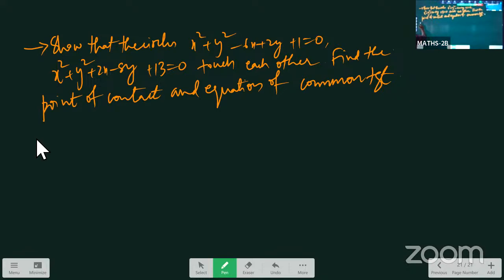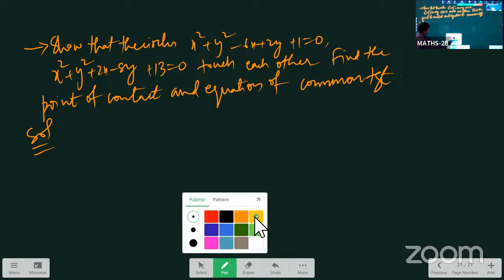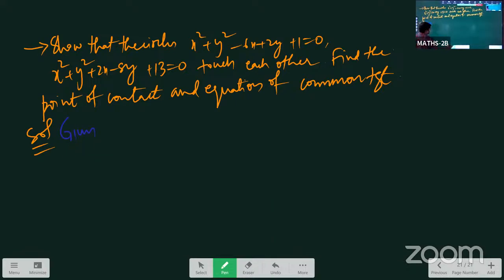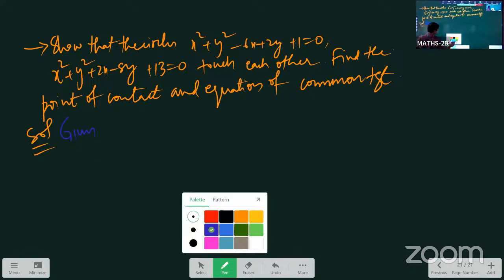Right. See the solution. Given equation of the circles.